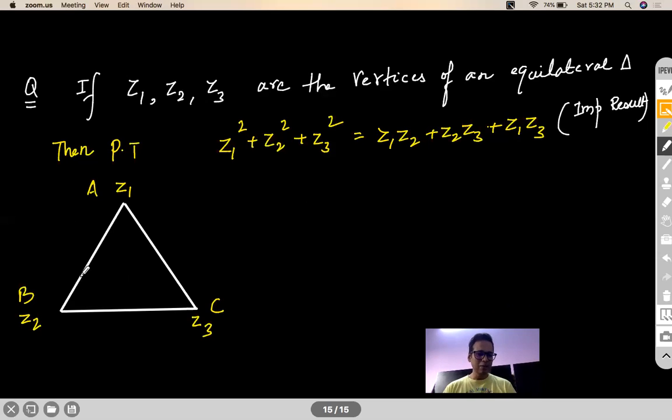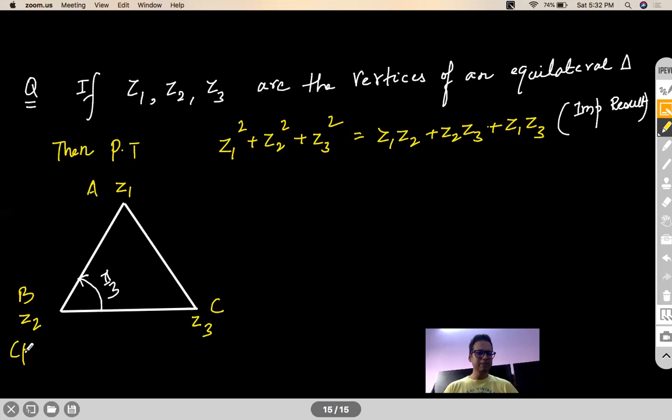Vertex B, this angle is 60 degrees, pi by 3. Gayatri, do you want to give me a direction that you want to assign to this angle? It's your call. Clockwise or anti-clockwise? Anti-clockwise. Okay, Gayatri has chosen anti-clockwise. I have to give a direction so that I can write my Coni rotation formula.